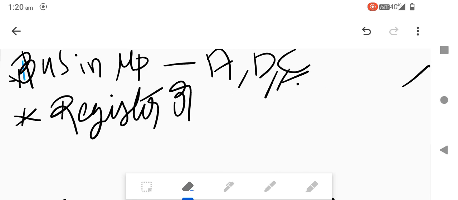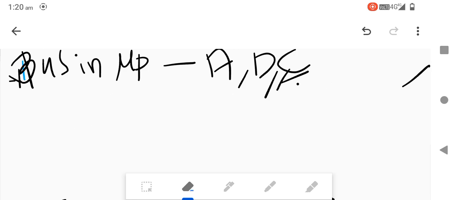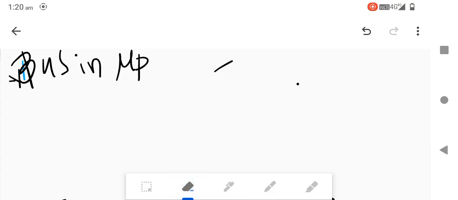Address bus. The address bus consists of 16, 20, 24, or 32 parallel lines. On these lines, the CPU sends the address of memory locations that are to be written or read from.